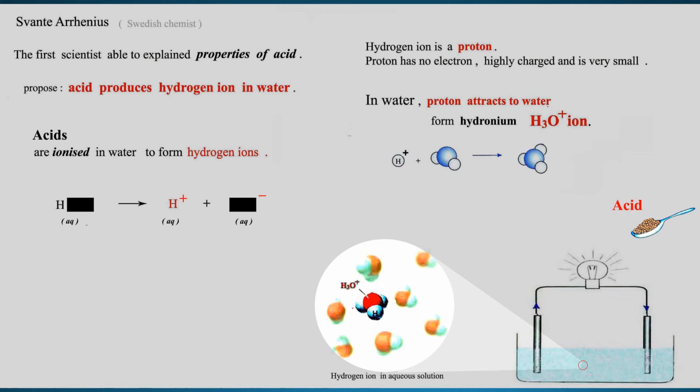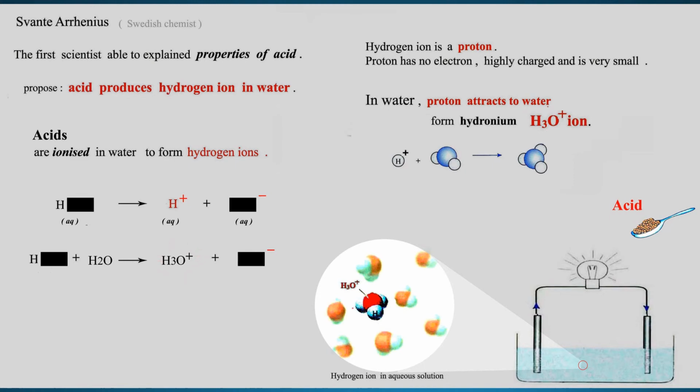In the equation, look back onto the equation. You can write it in the top form, or you can write it in the bottom form as H plus aqueous, or you can write it as H3O plus.